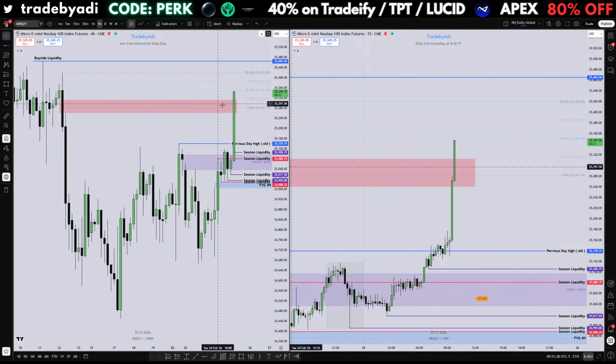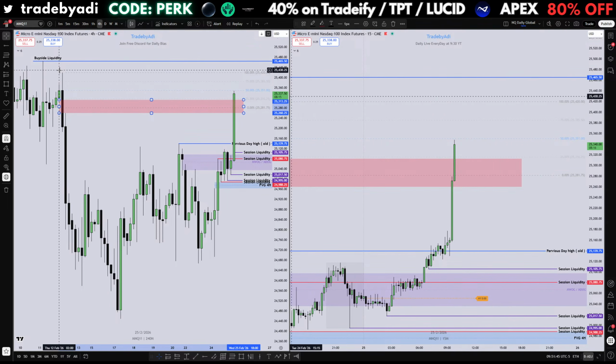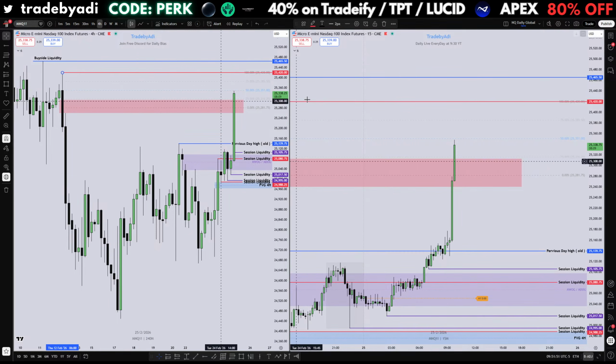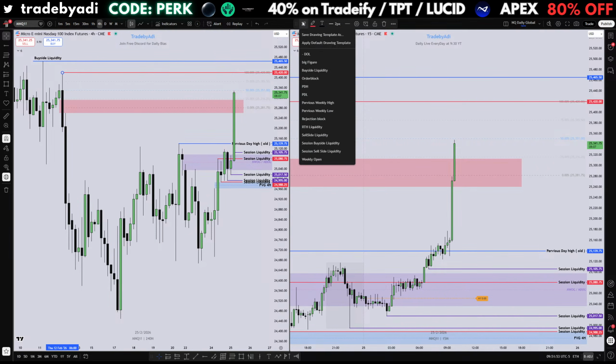I think it is going to expand to the buy side liquidity only, because if we completely flip this gap, then the nearest drawn liquidity will be this high, 25,420.